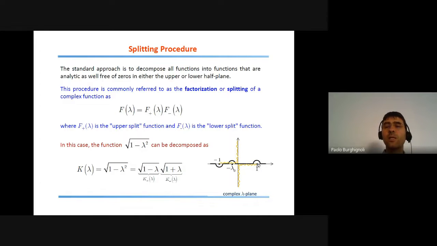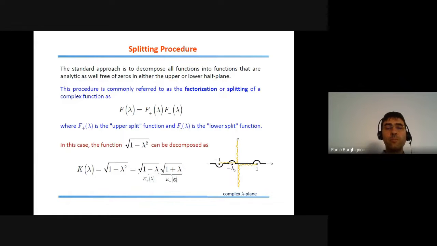So therefore, the function square root of 1 minus lambda is analytic in the upper half plane. And for the same reason, the function square root of 1 plus lambda, which has a branch point at -1, if you introduce infinitesimal losses, this -1 will go into the second quadrant, and therefore this function k minus is analytic in the lower lambda plane.